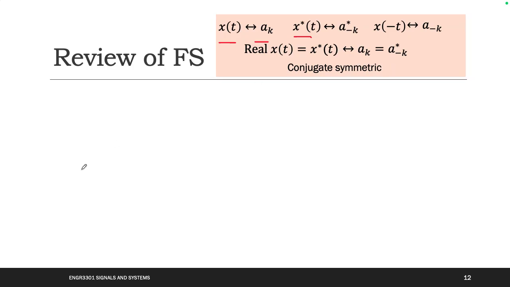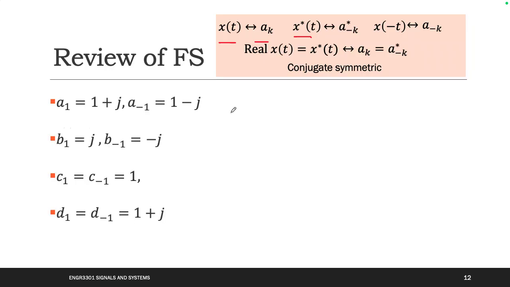Let's try to review. If you have these FS properties, for the first one, what does it mean? If a_1 is this one and a_-1 is this form, what does that mean? It means a_k equals a_-k conjugate.